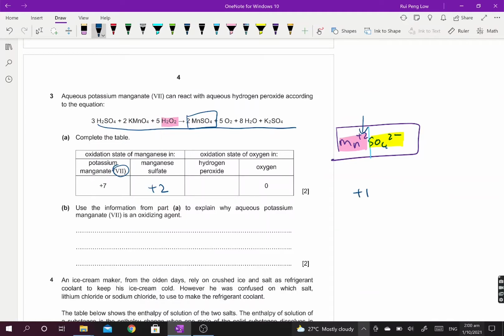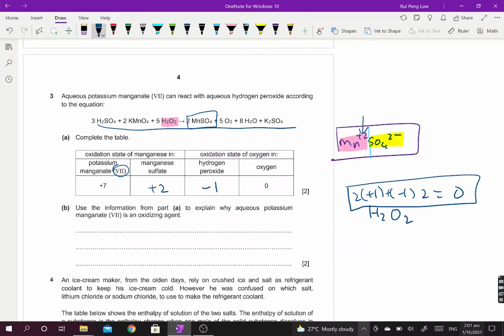So oxygen in this case will be -1. Okay, so let me present this properly for you guys. So if hydrogen is +1, so you have 2 × +1. This has to be something 2, which has to be -2, so that it equals 0. That is how we usually calculate the oxidation state.